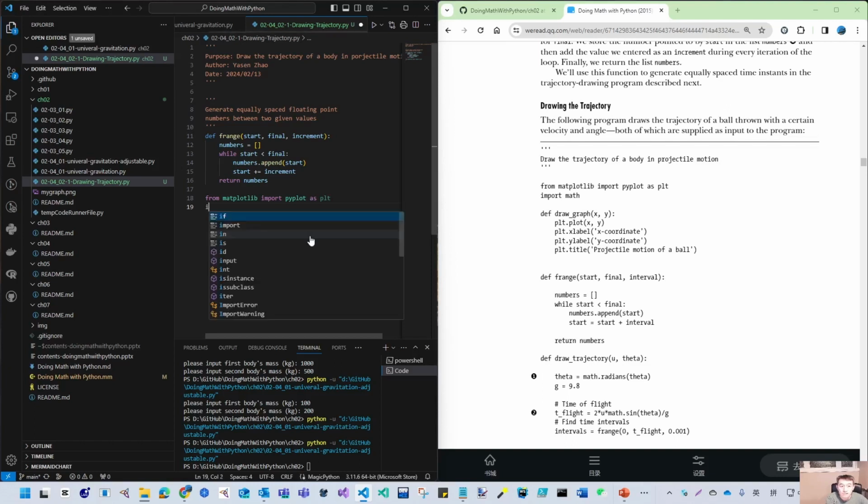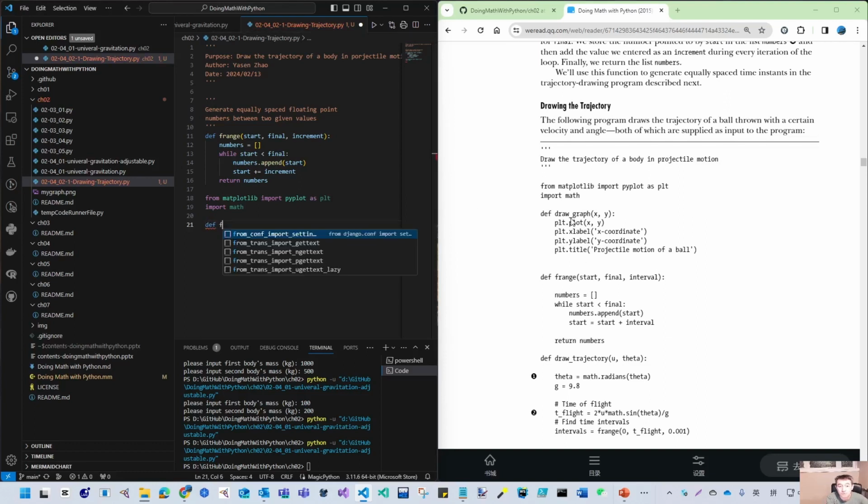Then we also need to import math because we have sine and cosine functions. And you can see here is similar to what we have done. Normally we need to define the draw graph function for x, y in 2-dimensional space.